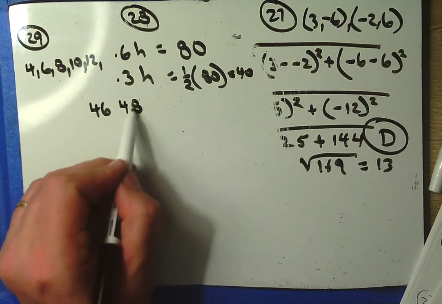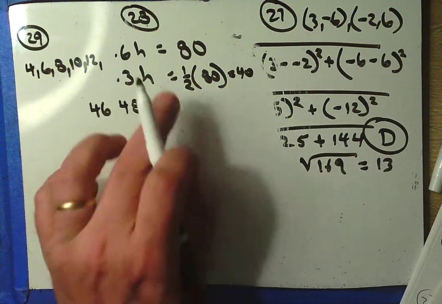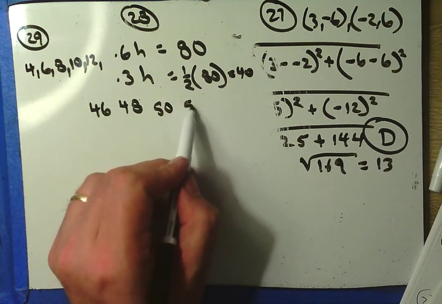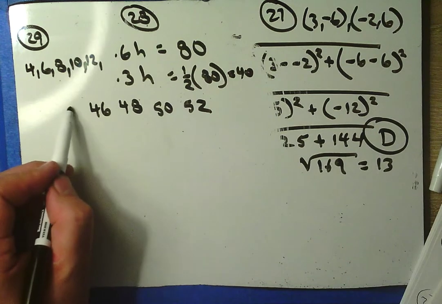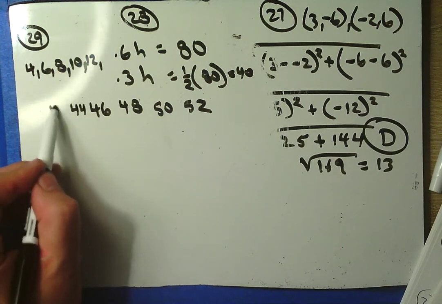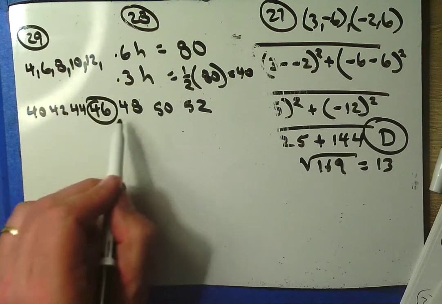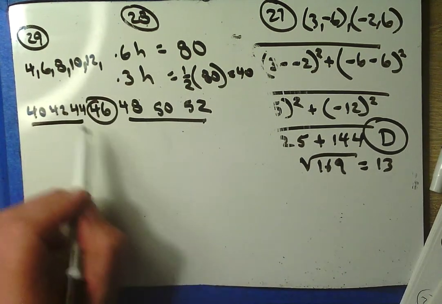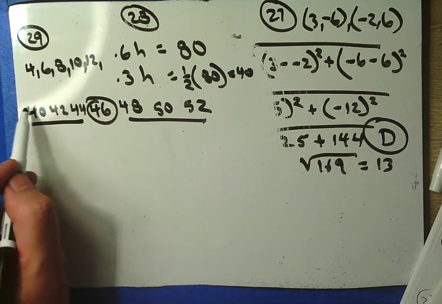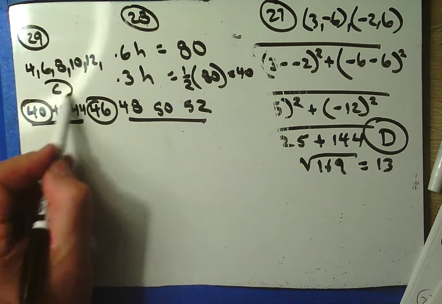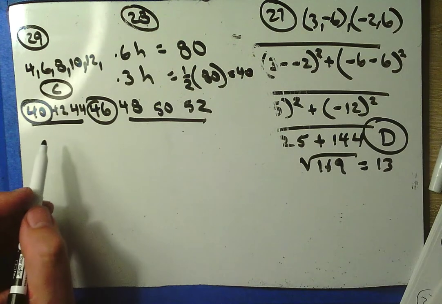So some of them will be bigger, but some of them will be smaller, like 44, 42, and 40. 7 of them, 3 bigger than, 3 smaller than, and going down by 2 each time. I can see the smallest value is 40, which is why C is my answer to number 29.